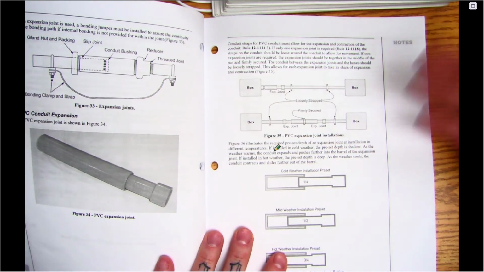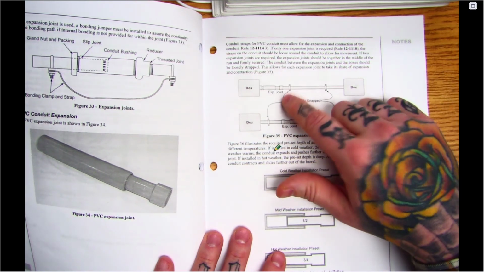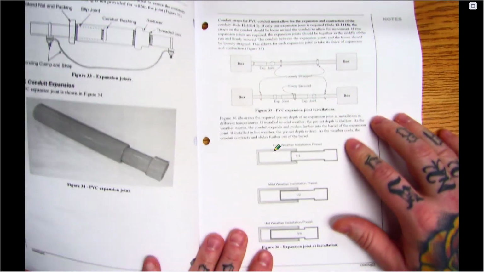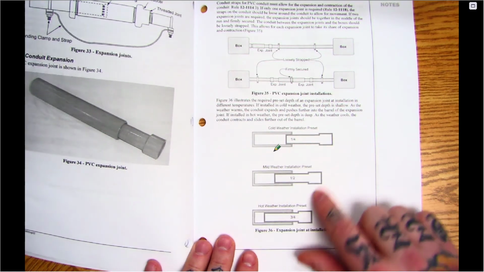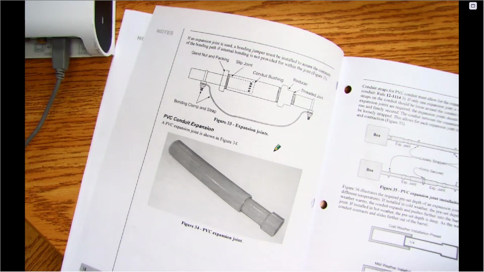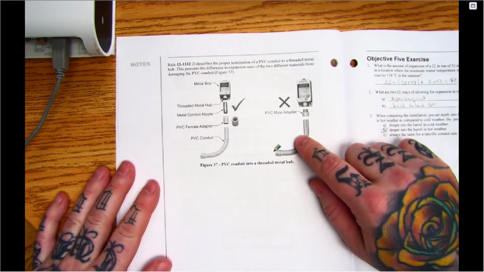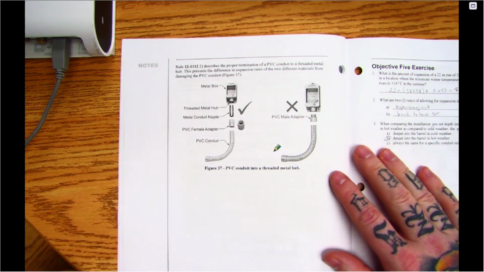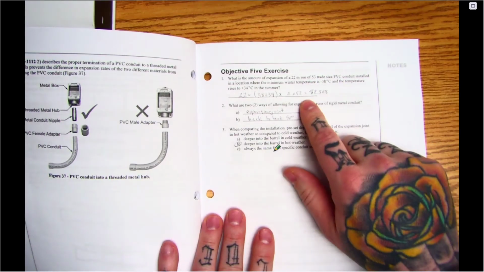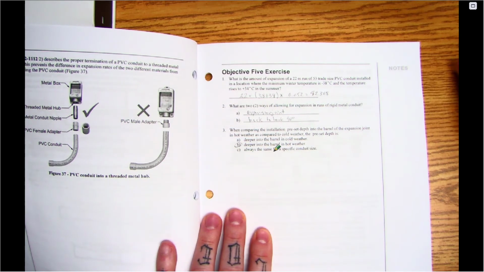And it could potentially come apart and get water in it, all that kind of stuff too. So we do have expansion joints for that. You can see the difference between cold weather and warm weather. It just allows some flexibility in that conduit run. Again, it shows how you should adapt to metal too here, and then gives you a couple of example questions. Again, use that example they give you in the back to explain it.